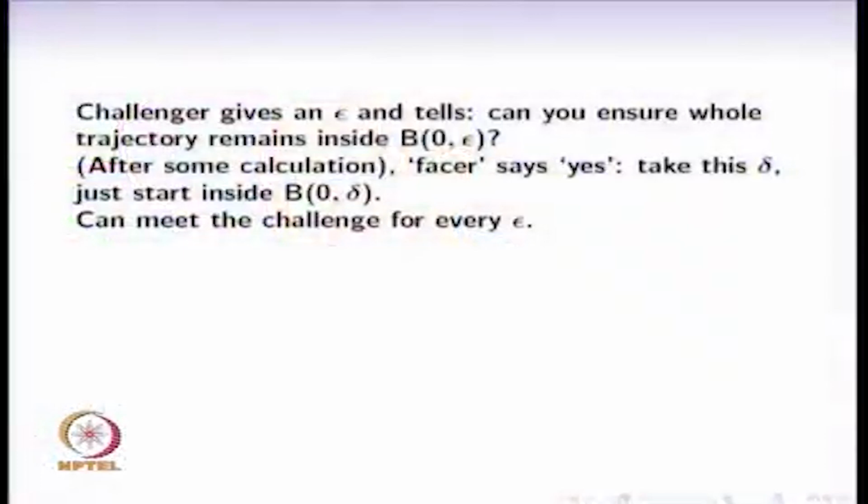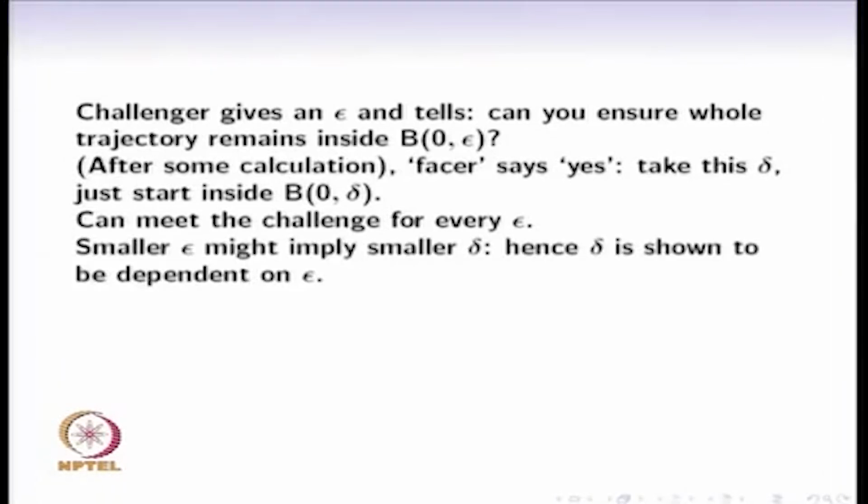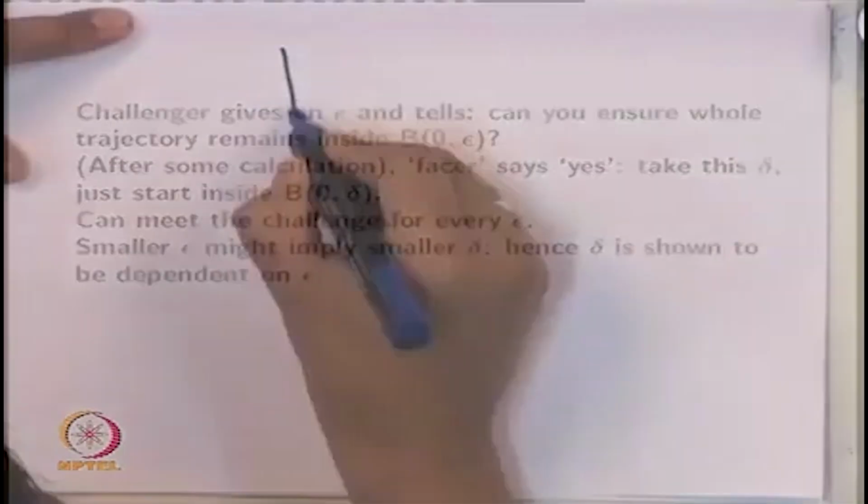The fact that we are allowed to do some calculation means that delta is allowed to depend on epsilon. If you are able to meet this challenge for every epsilon, no matter how small, that is when you will call the equilibrium point stable. A smaller epsilon might mean a smaller delta, hence delta is shown to be dependent on epsilon in the definition. We should be seeing a figure here.